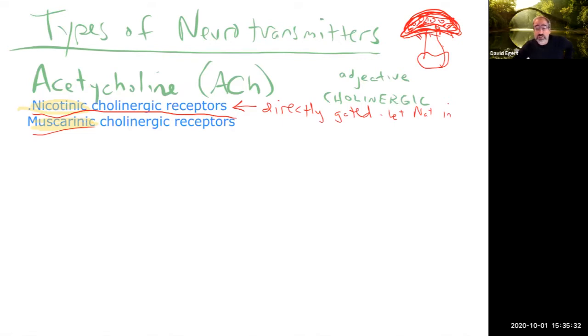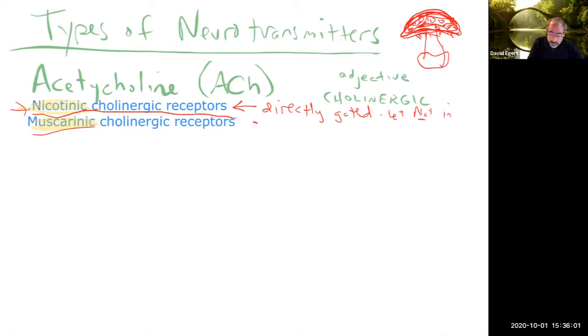So if you see some synapse and it has nicotinic cholinergic receptors, you know that it's an excitatory synapse. You're going to release acetylcholine into the synapse, and you know you're going to have an excitatory postsynaptic potential, because when you bind a nicotinic cholinergic receptor with acetylcholine, it's going to let sodium in, and the membrane potential is going to go up.